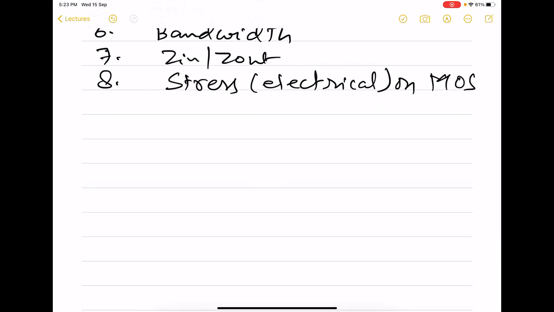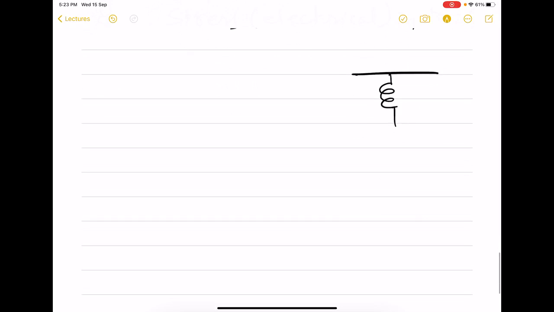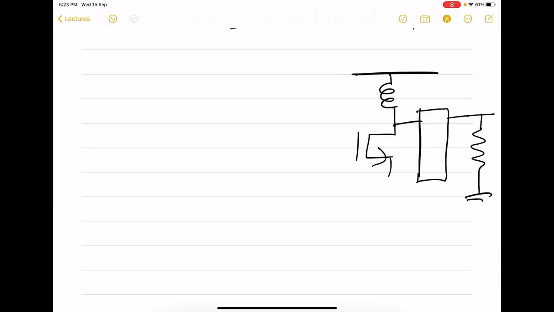So if you see the power amplifier circuit, the circuit is typically going to be of this form. So here we have RL. Actually, this RL means the antenna in real life. And then we have DC supply here, and we have RF choke. That means a very large inductor.